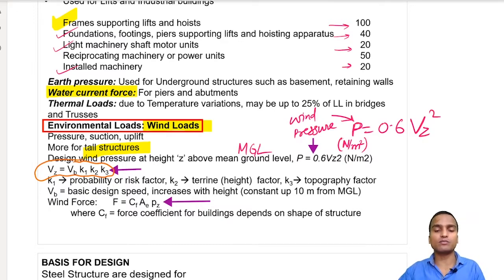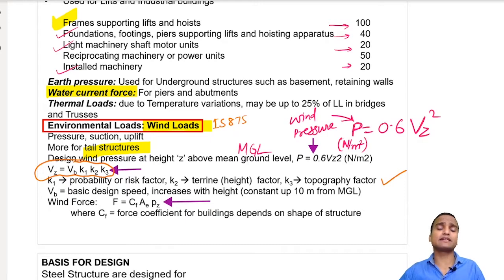See, all these formulas are taken from IS 875 only, and this is maybe Part 2 or Part 3, where K1 is the probability or risk factor, K2 is the terrain factor, K3 is the topography factor, and all these three values are also listed in the IS code in a tabular manner for different places in different situations.